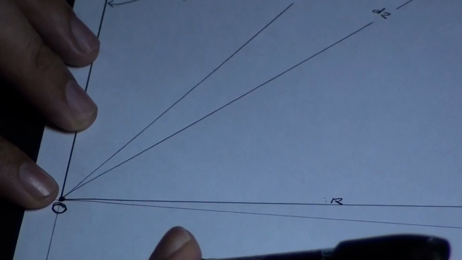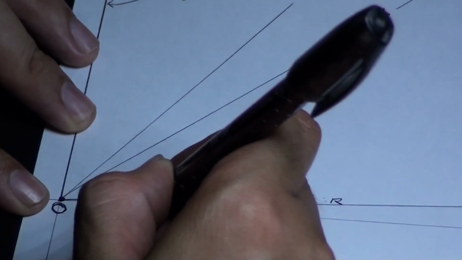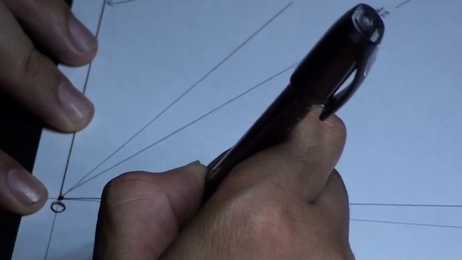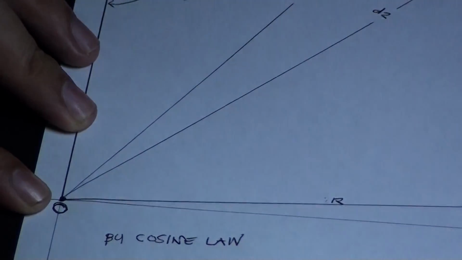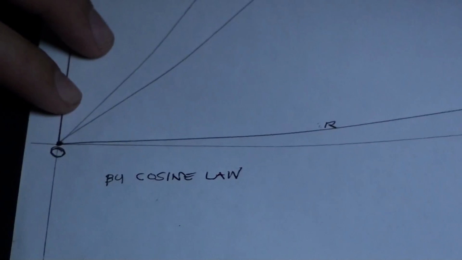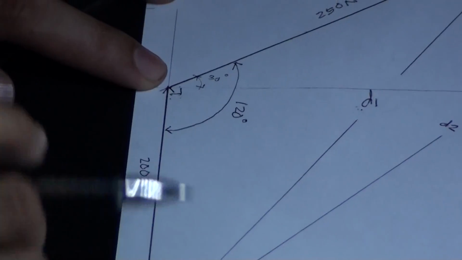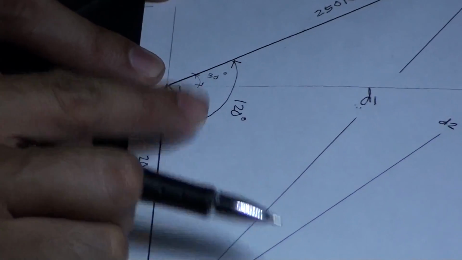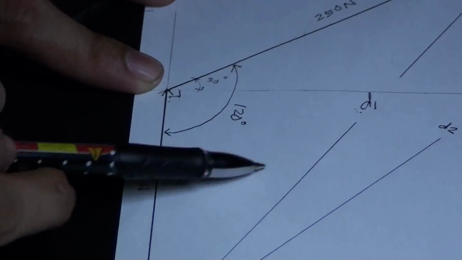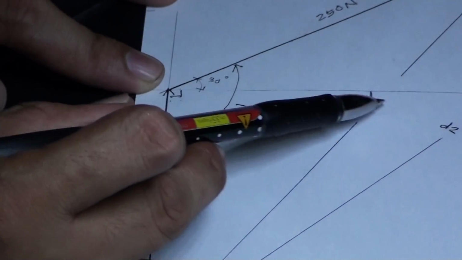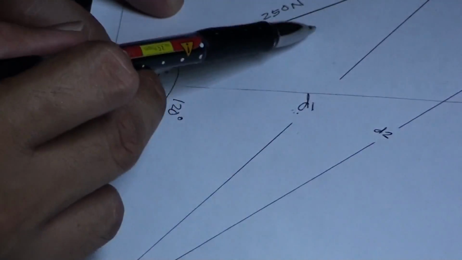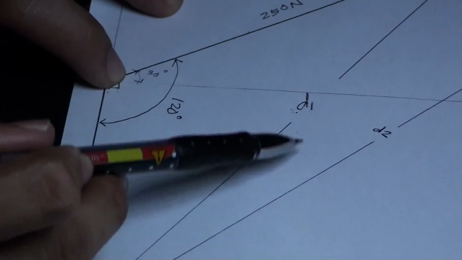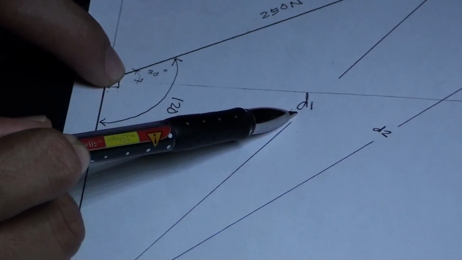So by cosine law, we can solve for this D sub 1 since there is already an included angle, which is this one, 120 degrees. Opposite to that is actually your D sub 1. Given 200 and 250, you can solve now your D sub 1. Okay?